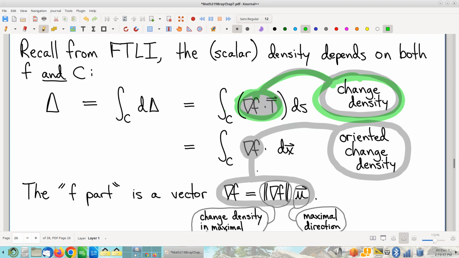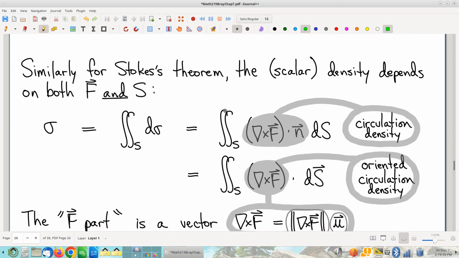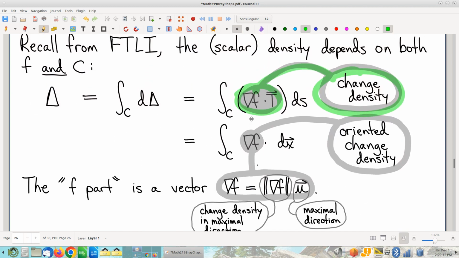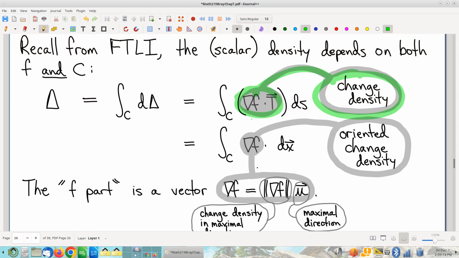So that's exactly the circumstance that we found ourselves in looking at Stokes' theorem, where our density is now curl, and again, dotted with our orientation. So we are in exactly the same situation that we were in a week or two ago, when we were in Chapter 6 talking about the fundamental theorem.